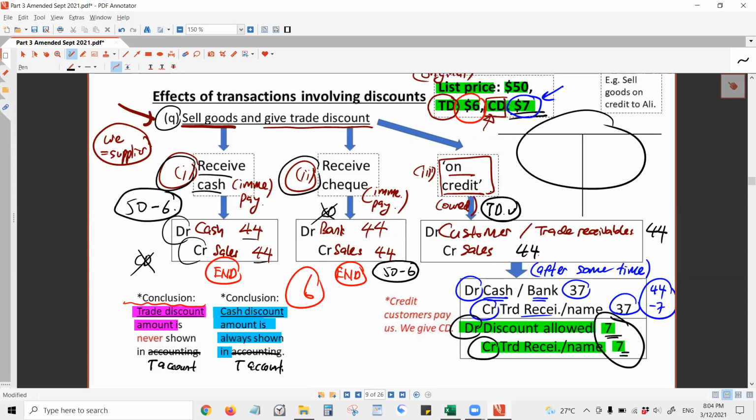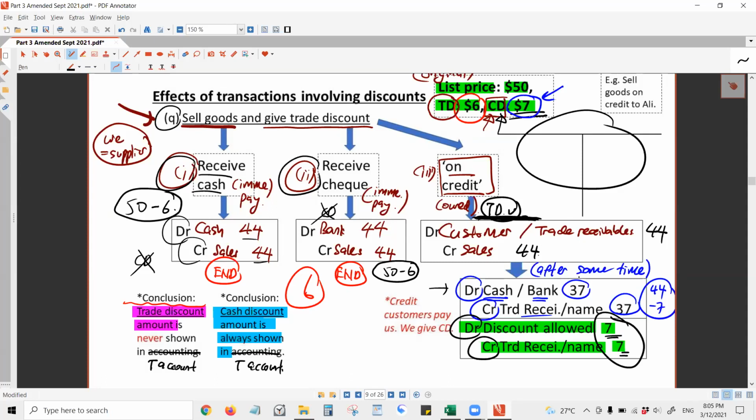And the one on credit: when you send goods to the customer, after the customer has received the goods, they will start to owe us $44. After some time, when customers make payment to us, if they are punctual, then we give them the second stage of discount, the cash discount.